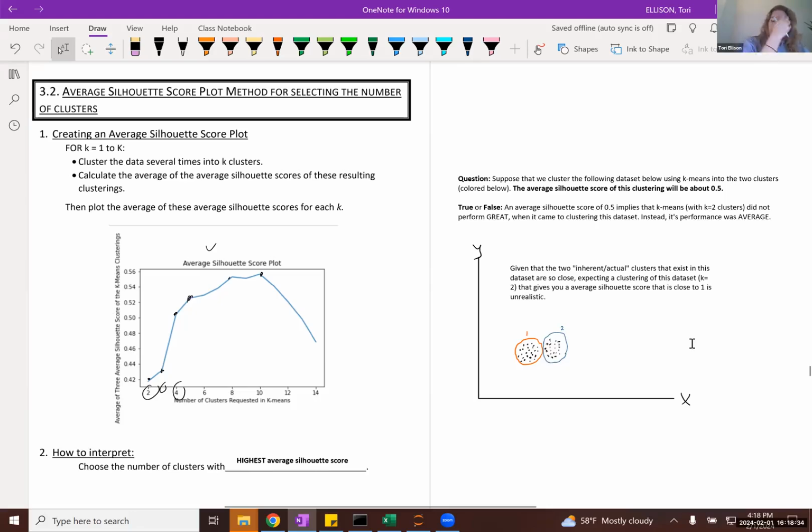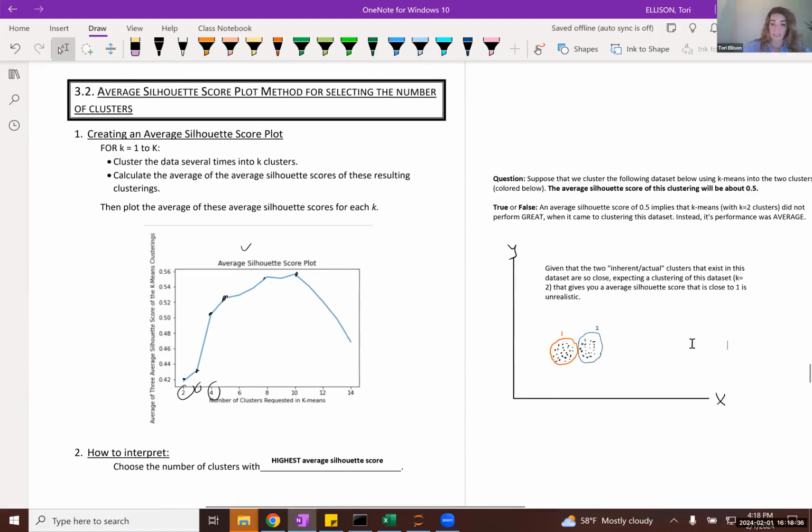So again, having a sense as to how well separated your inherent clusters are is going to inform how you should go about interpreting your clustering evaluation metrics, such as the average silhouette score. Having a sense ahead of time as to how well separated your clusters are will help you more effectively evaluate how good your clustering algorithm is.